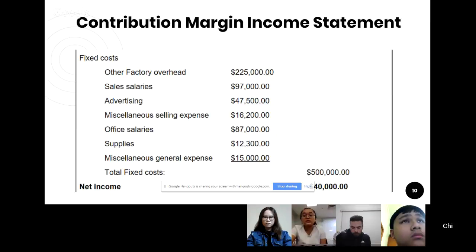Then we have the total fixed cost of $500,000. Therefore, the corporation is making a loss of $40,000, which means the contribution margin cannot cover the total fixed cost. To overcome the situation, we have analyzed some scenarios that my partner Trung will next present to you.